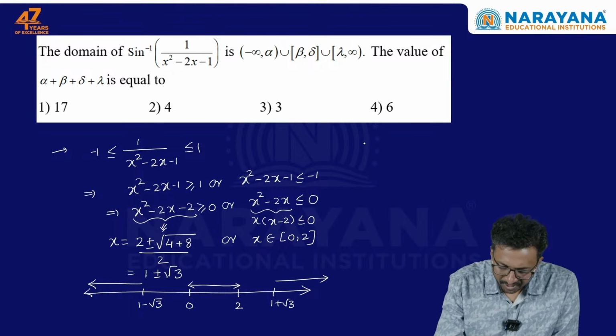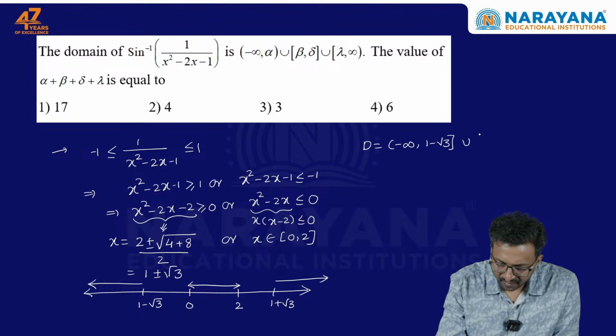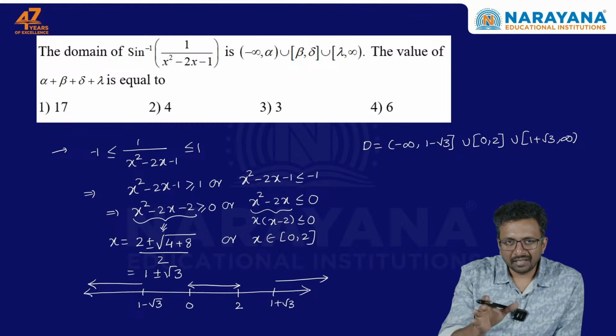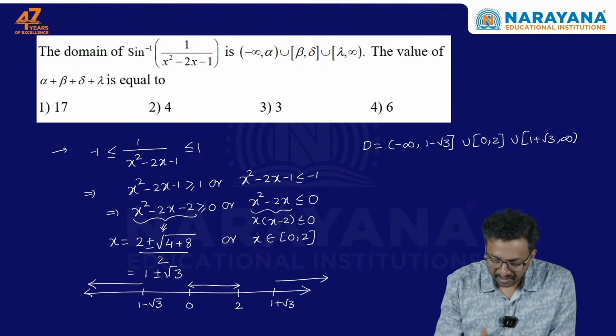So what is the complete domain? Domain is equal to minus infinity to 1 minus root 3, union 0 comma 2, union 1 plus root 3 comma infinity. So it's exactly of the form given in the question.